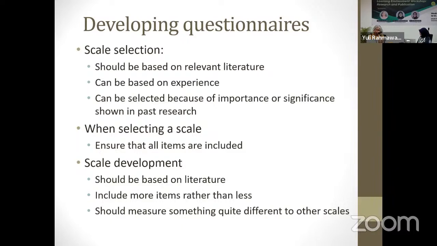Look at the existing literature. Include more items. If you saw my presentation about CEC yesterday, we had more items, and when we did the factor analysis, lots of items fell out. We had nearly 10 items in each scale, and then it was reduced to between 5 and 6 each.